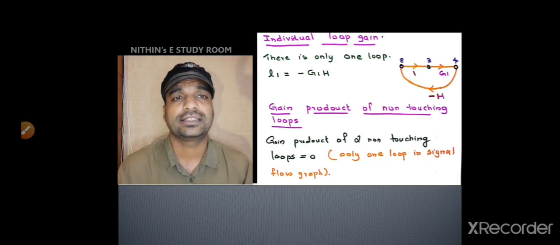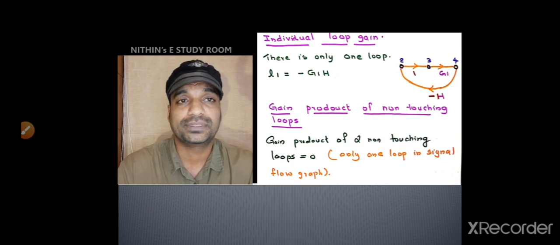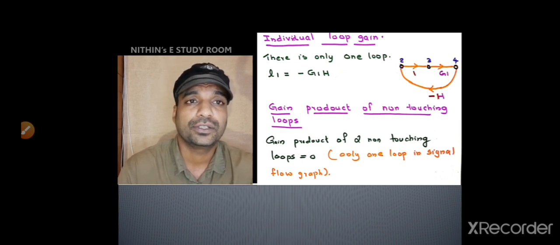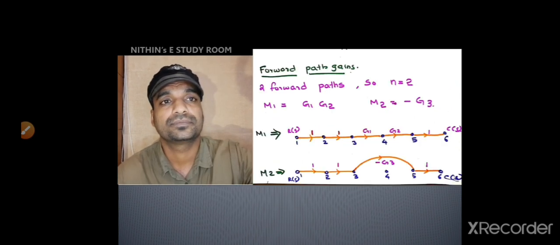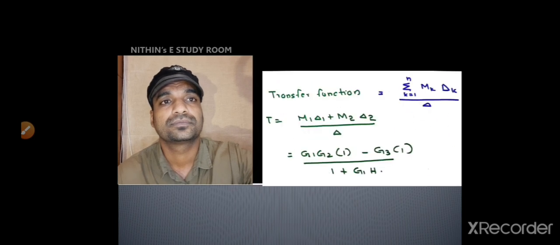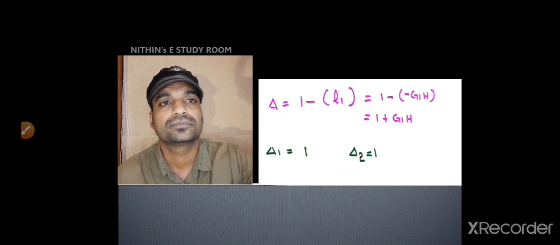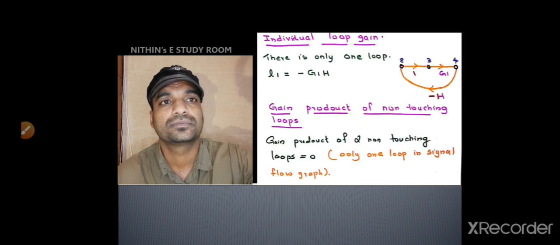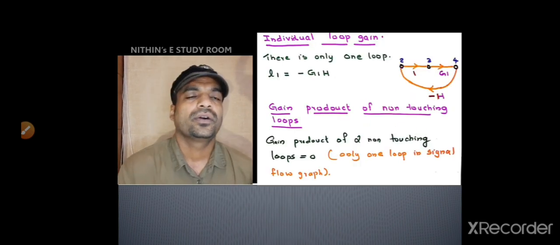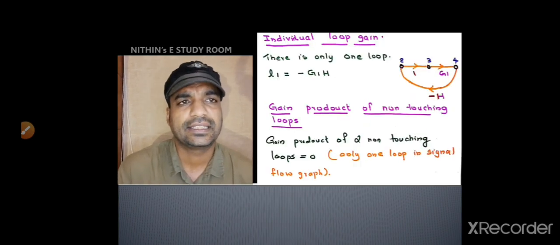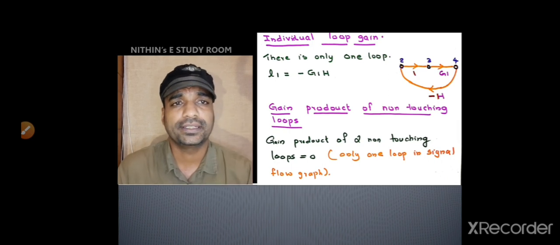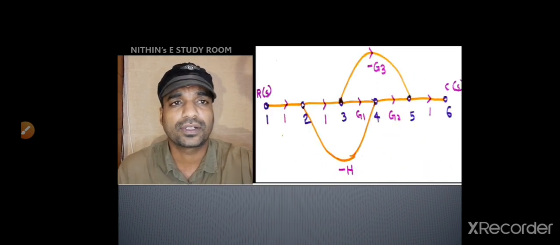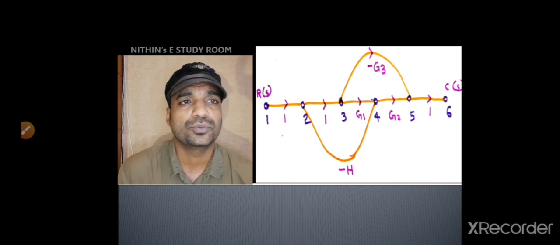Now the next step is loops. You have to identify the loops. I can say there is only one loop in this particular signal flow graph. Which is that loop?